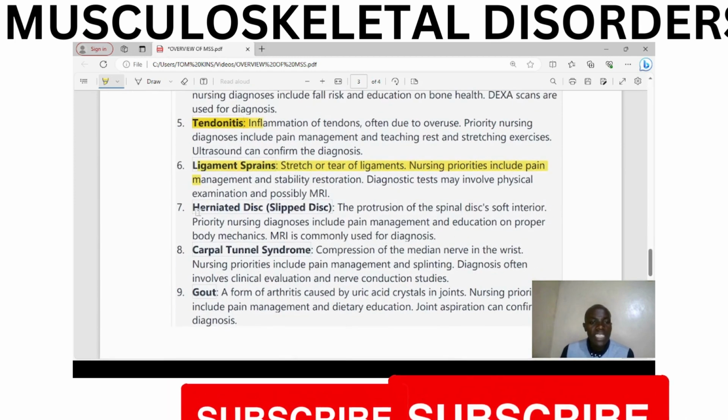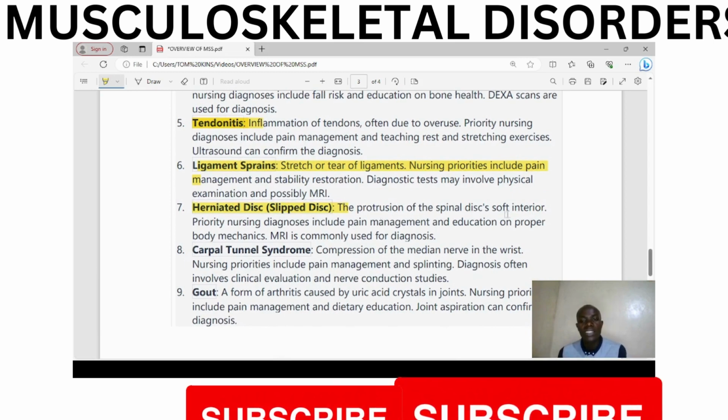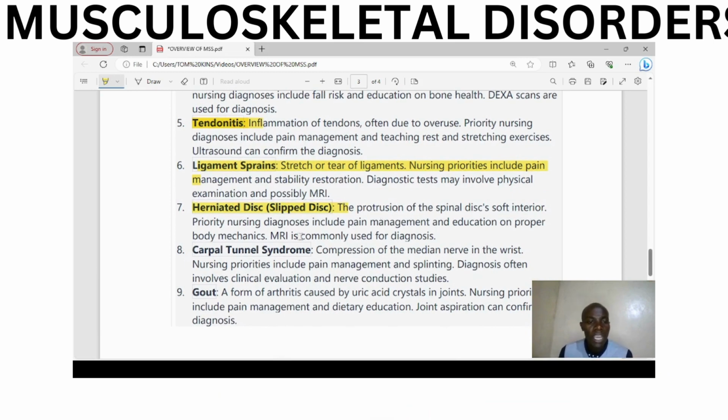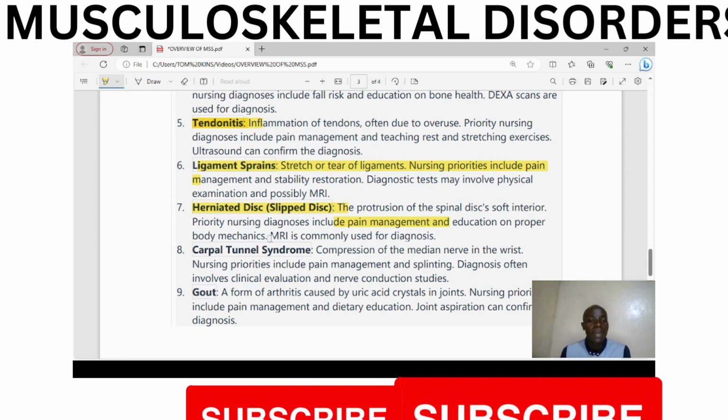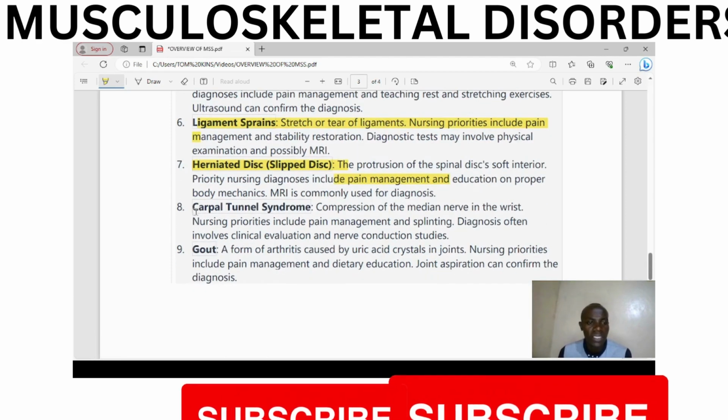We also have herniated discs, or the slipped disc. This is the protrusion of the spinal disc's soft interior, and the priority nursing diagnosis here will still be pain management and education on proper body mechanics. MRI is commonly used for making such a diagnosis.